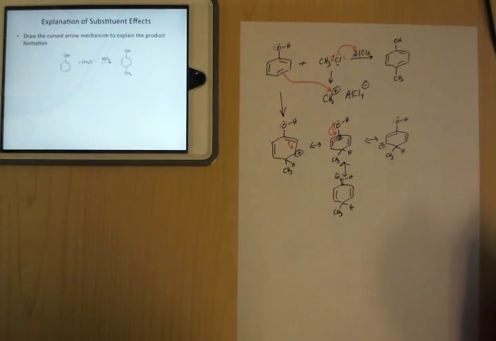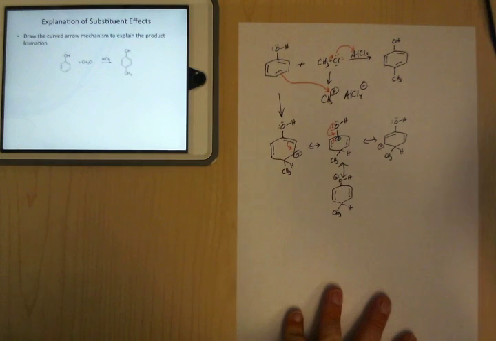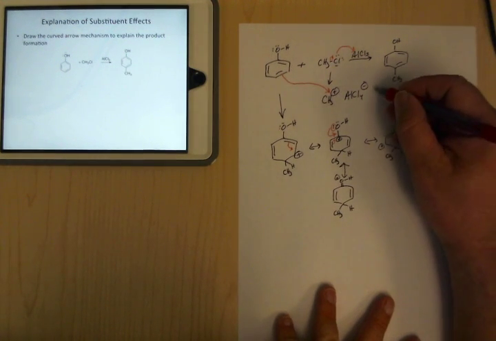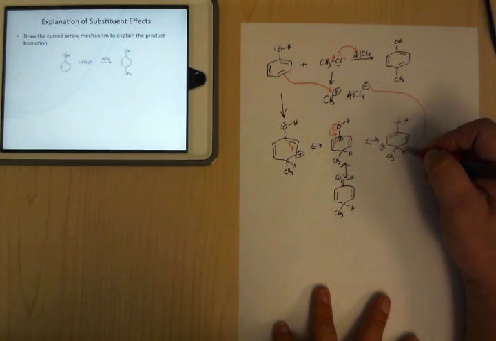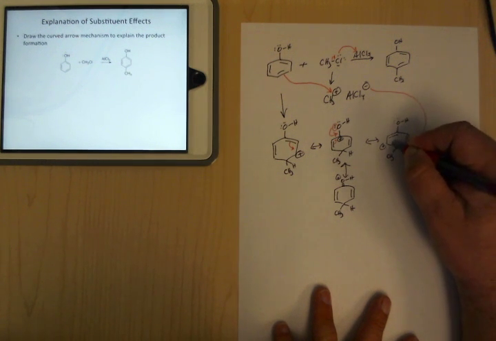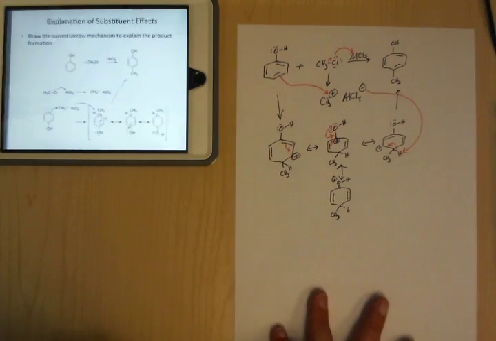Okay, so there's a lot of really nice resonance structures that we can draw. But the big thing is, this guy is going to come in, grab the hydrogen where you've added, and those electrons are going to come there to reform the ring. Okay? So there we go.